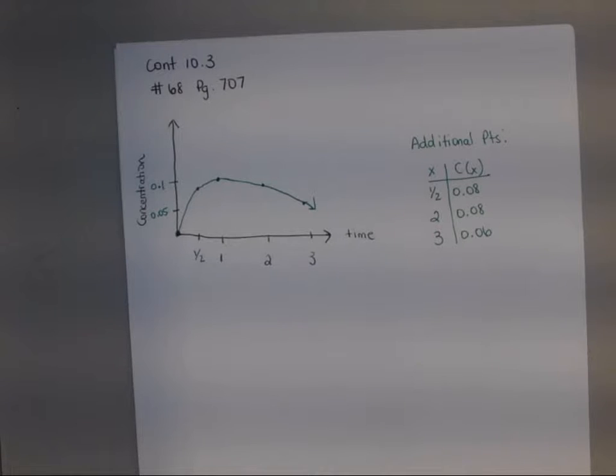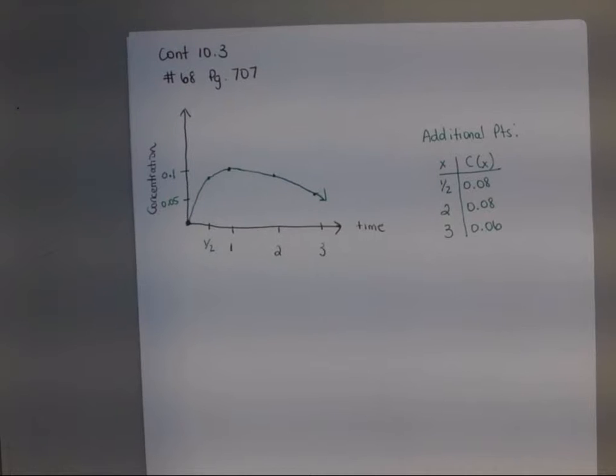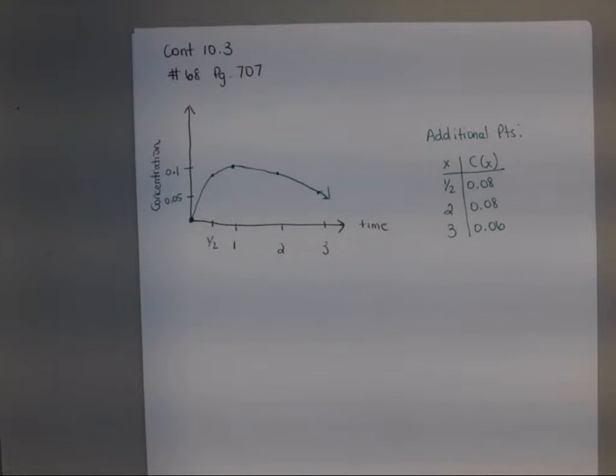We're going to move on to something else, but I just want to recap what I expect you to be able to do with the graphs. You need to be able to evaluate the original function, which tells you things like domain, intercepts, end behavior. You need to be able to evaluate the first derivative. What does the first derivative tell you about a graph?